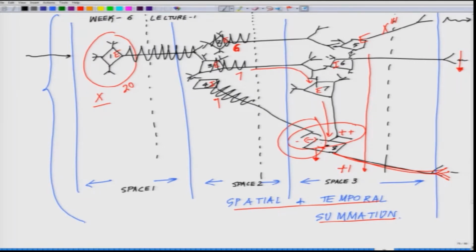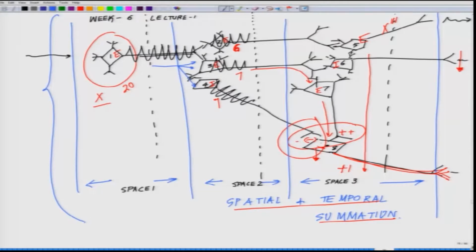The communication channel happens like this. Say, if this is excitatory, this one is sending a signal to space 2, all these three different neurons.